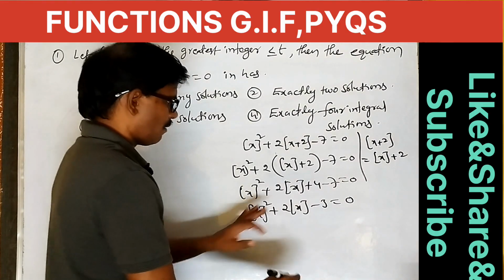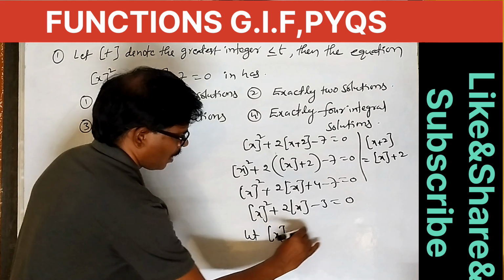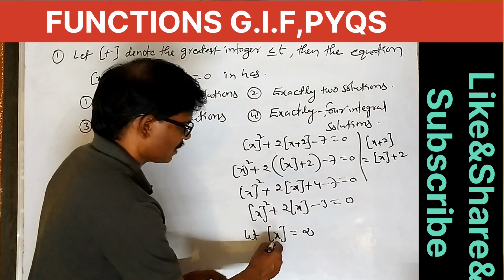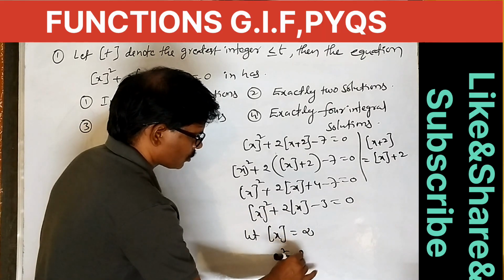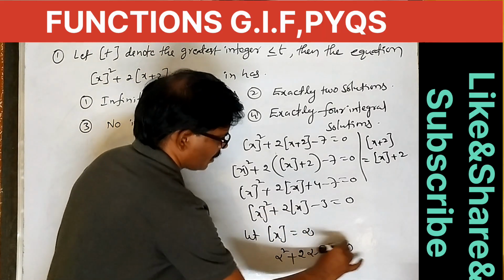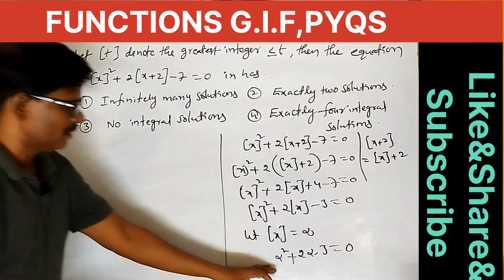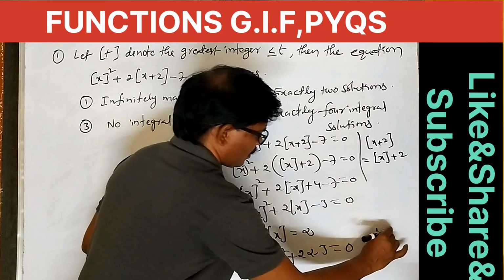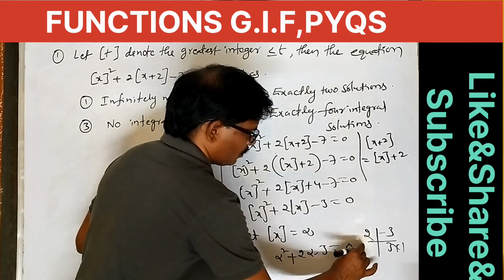Okay, what is the value of step x? Let step of x equal to alpha. Then alpha square plus 2 into alpha minus 3 equal to 0. Factorize here. What is the value? Minus 3, write this side. Next plus 2. 3 into 1, 3 minus 1.